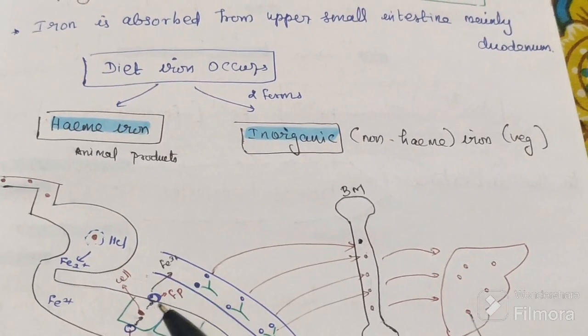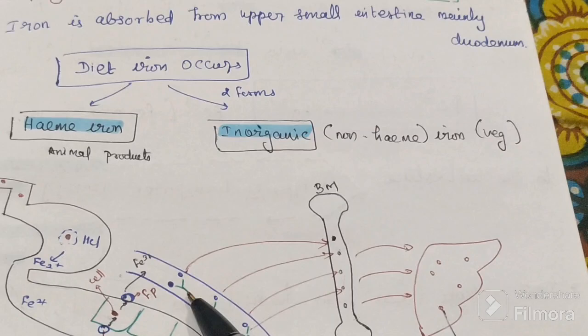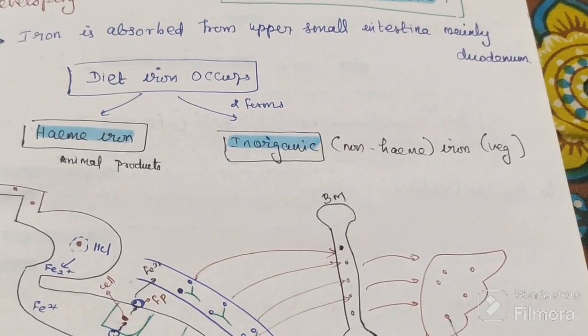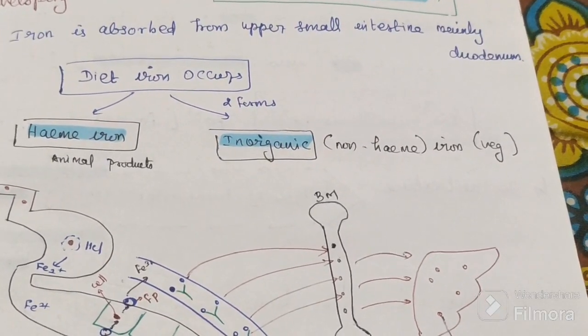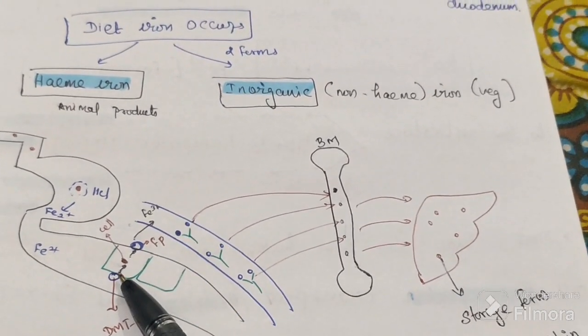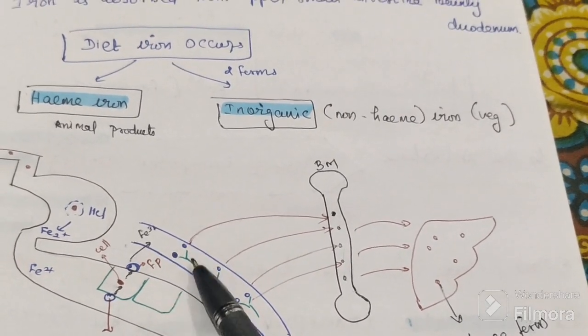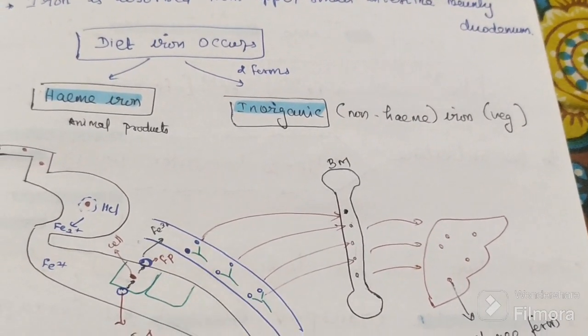So whenever it reaches the blood, it is converted into ferric form; ultimately in the blood it is ferric only. For transport purposes it was in the ferrous form, and after reaching the blood it is converted into ferric form.